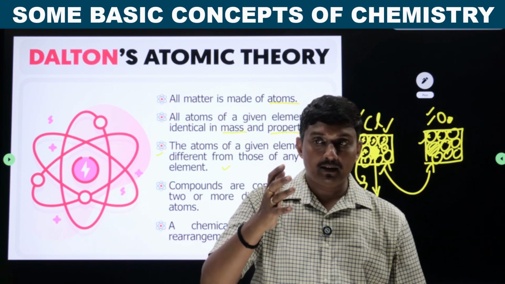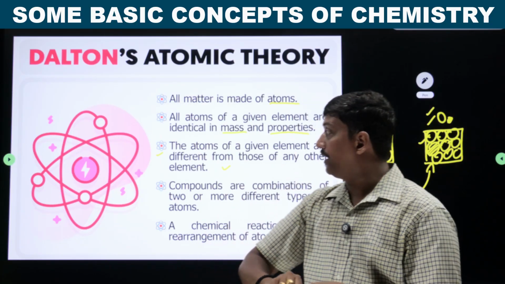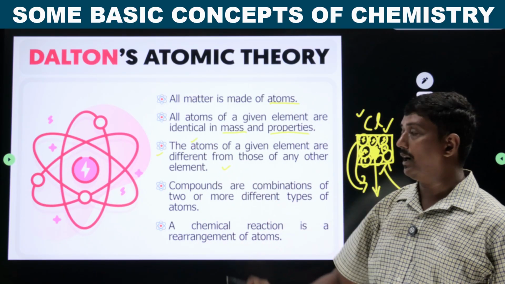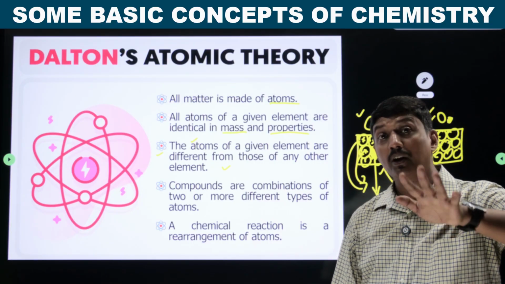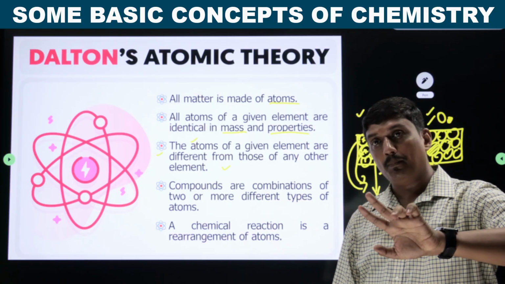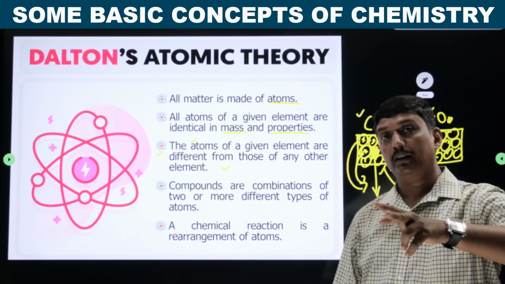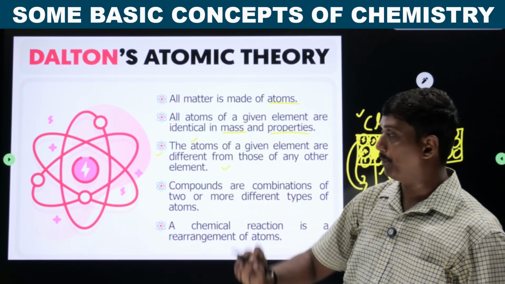Therefore, the chemical and physical property of an element is decided by the structure of an atom. The atoms of two different elements are non-identical. This non-identicalness is responsible for different properties. This is the third point.